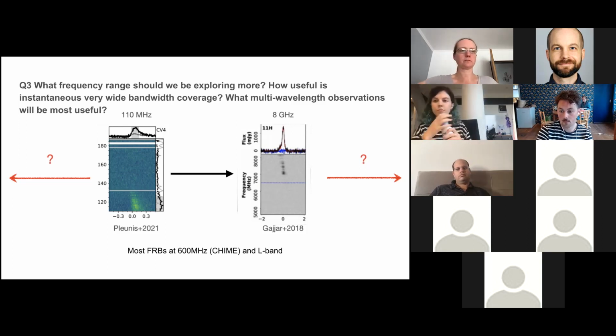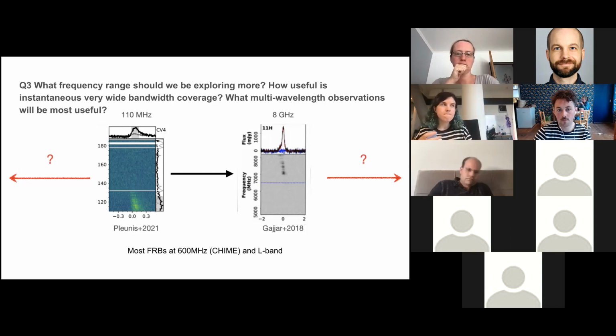I have one thought, and this is more a question for the community. We've done high frequency searches of repeaters at least, and for R3, to my knowledge, there hasn't been a detection above 2 gigahertz. The Gajjar detection is at 8 gigahertz, but we've observed at high frequencies quite often.